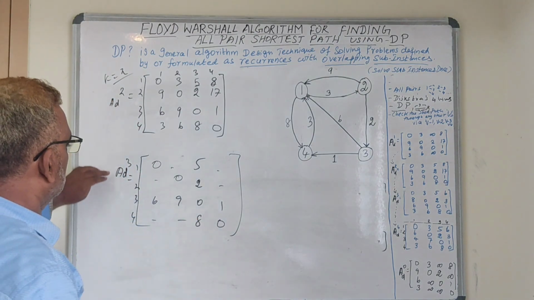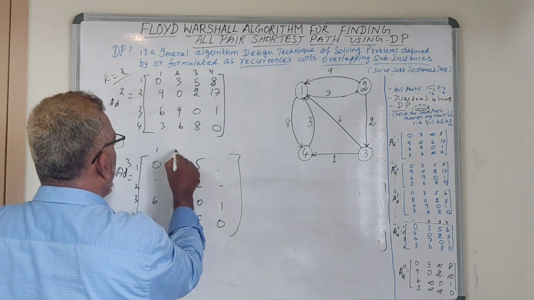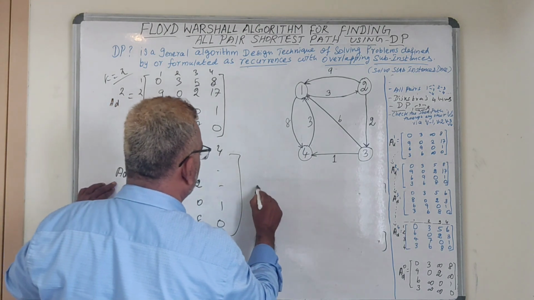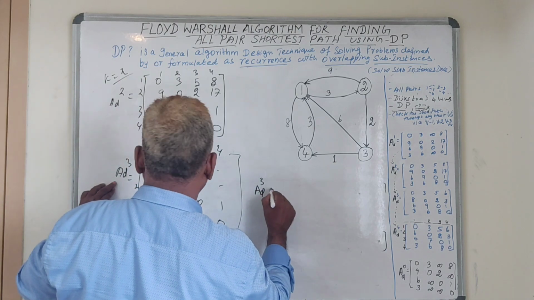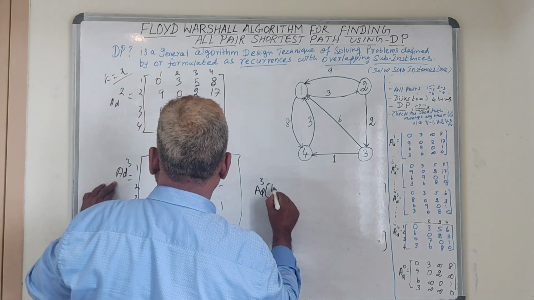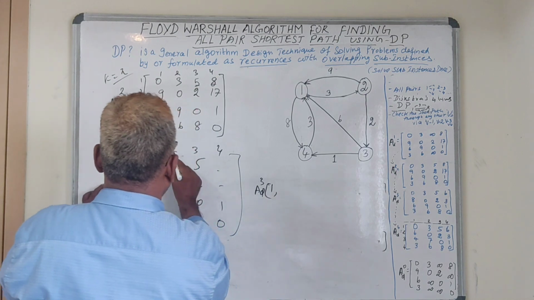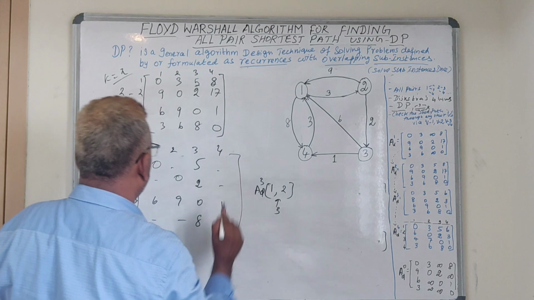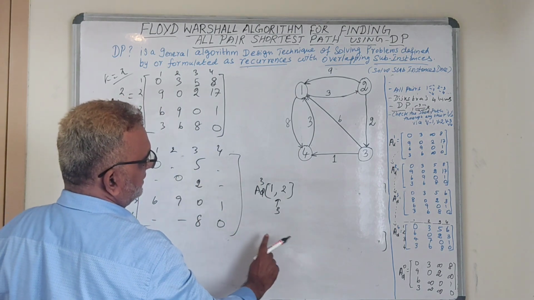Here, first row second column, that is AD3 of 1 comma 2. Now we have to introduce this third vertex inside.